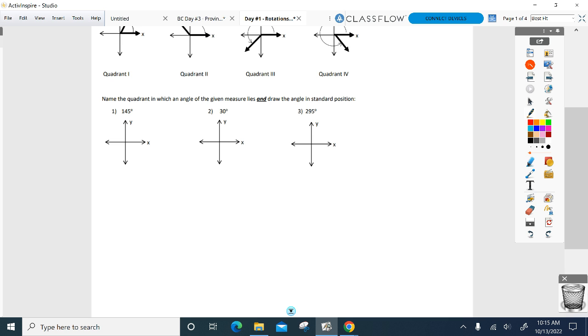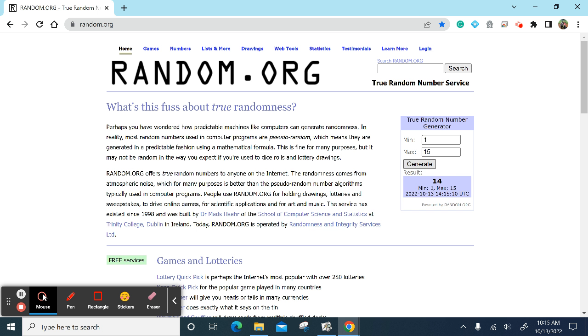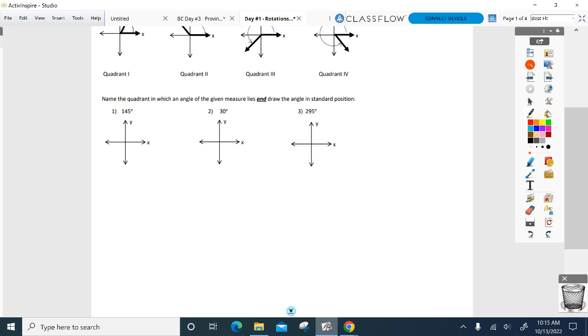There's no 7. I knew I should have picked new numbers. Which quadrant? Quadrant 2, yes.